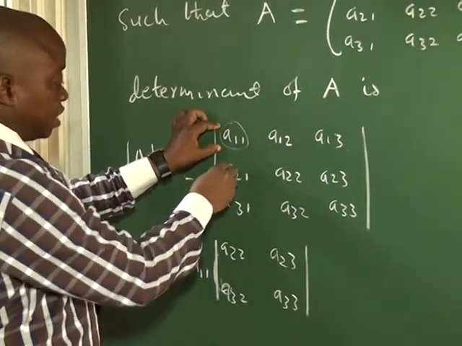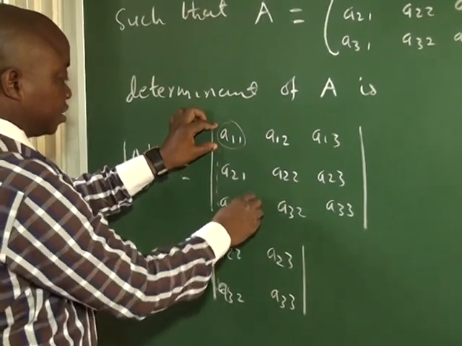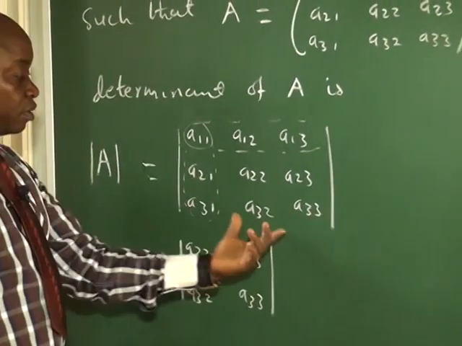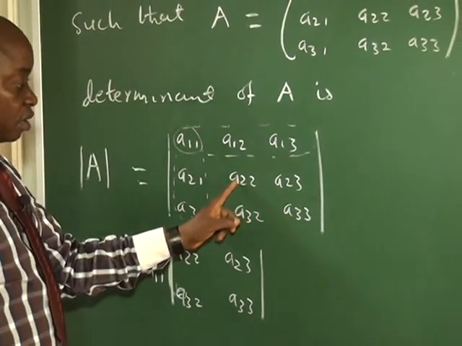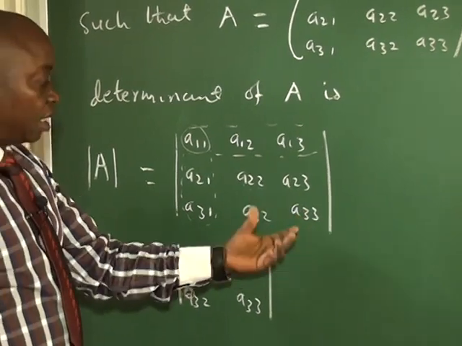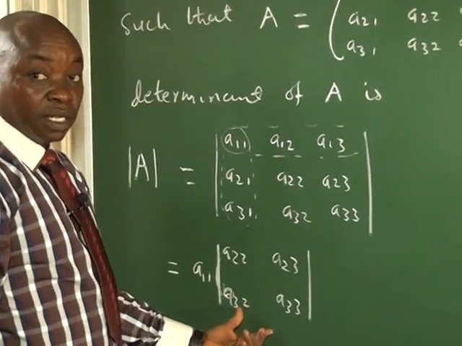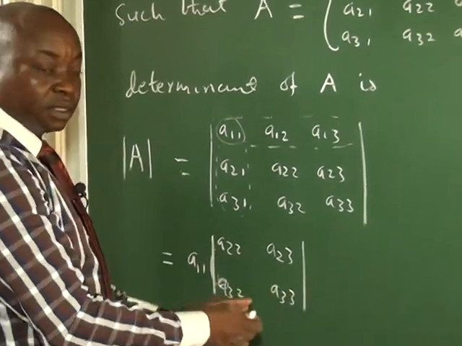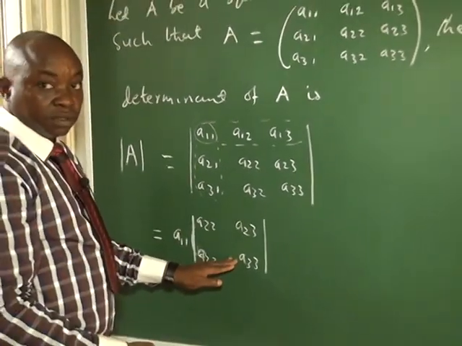If I pick this, then I will ignore these and this. So what remains is A22, A23, A32, A33. Then I bring the A11. This particular one is called the minor. You see, it has been reduced now to order 2.